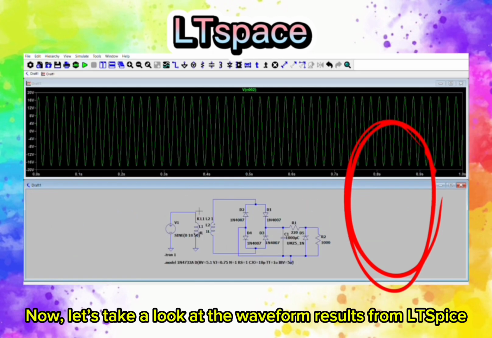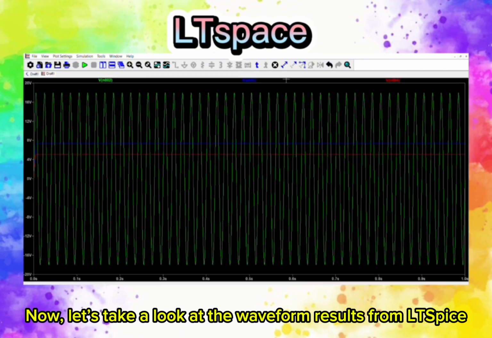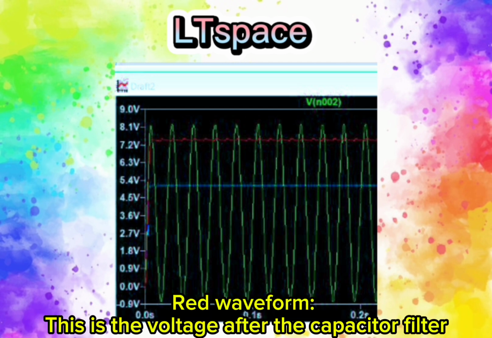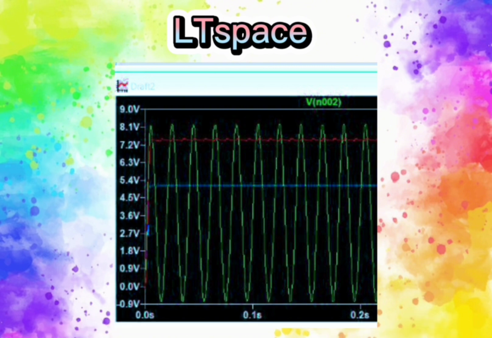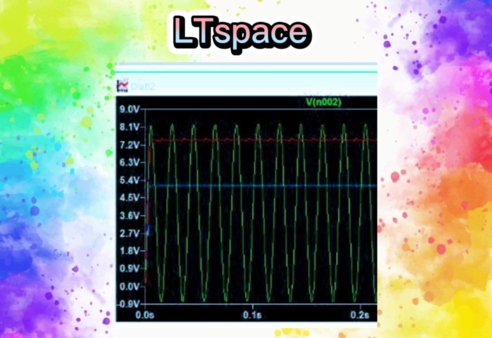Now, let's take a look at the waveform results from LTSpice. Green waveform: this shows the AC input voltage before rectification. Red waveform: this is the voltage after the capacitor filter, where we can observe a smooth DC level with some ripple.